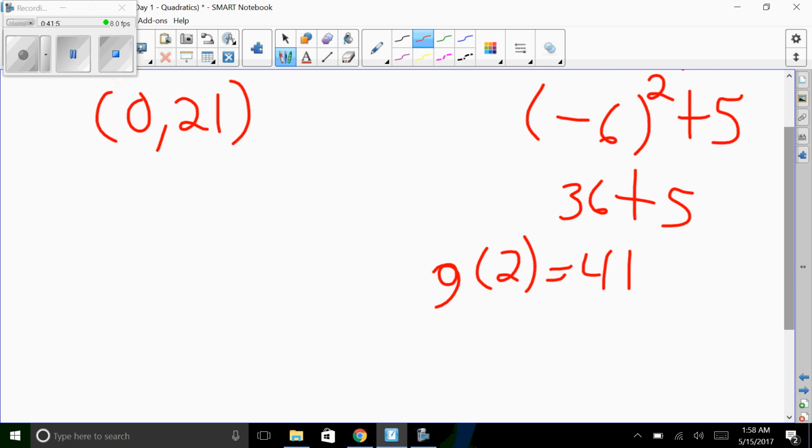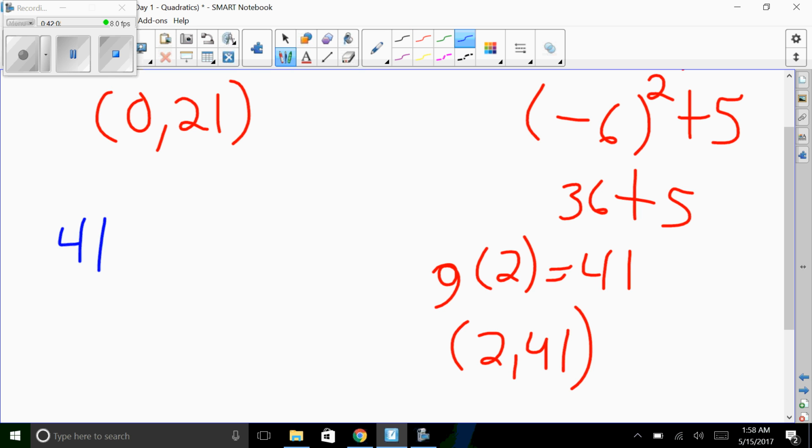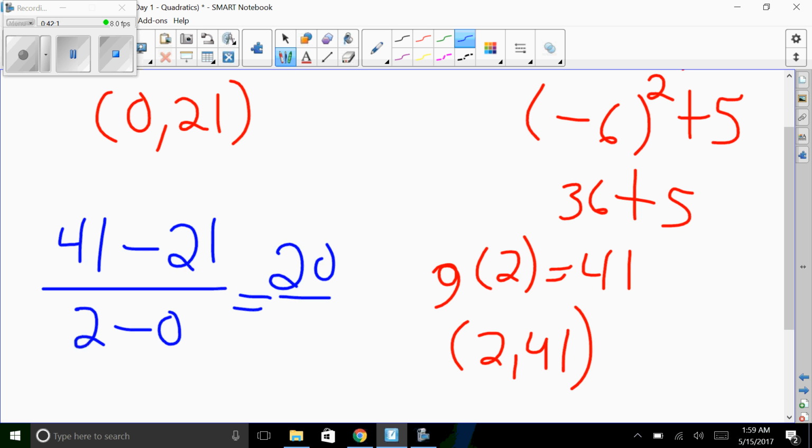Alright, so that coordinate is 2, 41. So now let's find the rate of change for this one. 2 minus 0, 20 over 2 equals 10. Alright, so which rate of change is larger, 10 or 6?